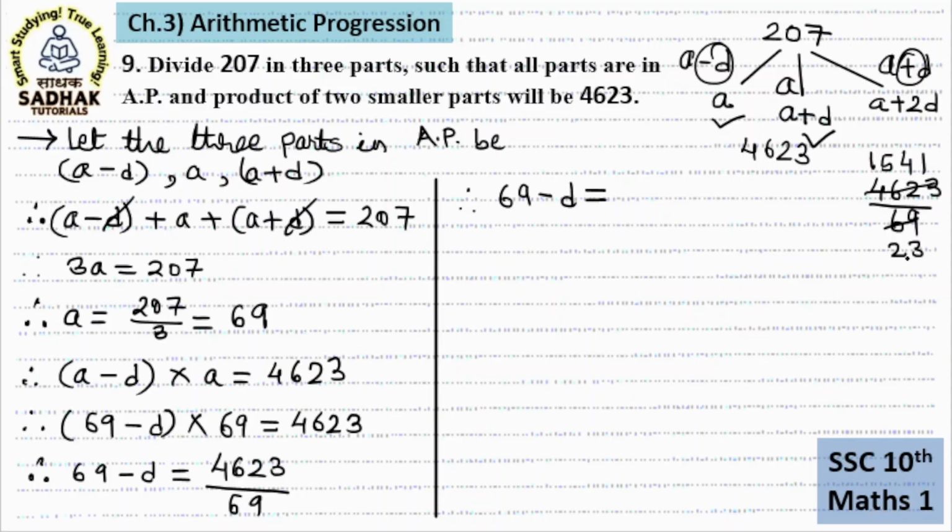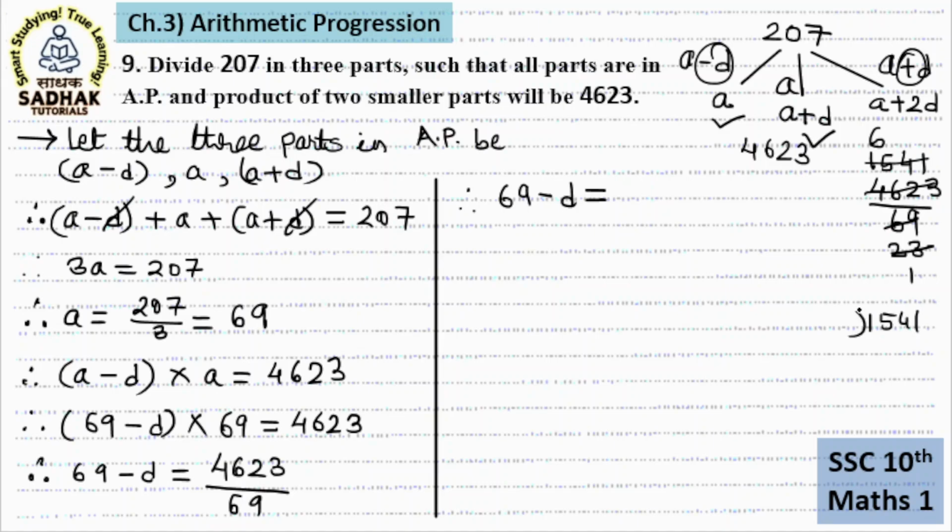Now we see 23 is a prime number, so we'll have to divide 1541 by 23. So 23 1s are 23, 6 gives us 138. Okay, 138. Fine. So let us divide it.